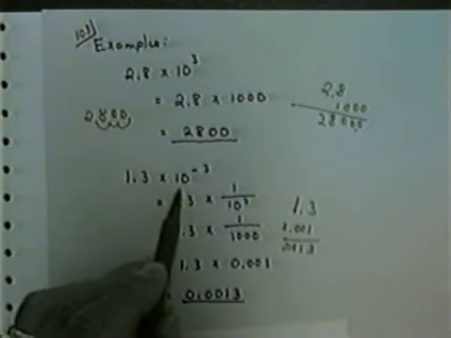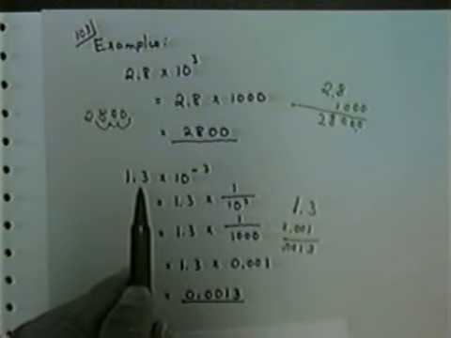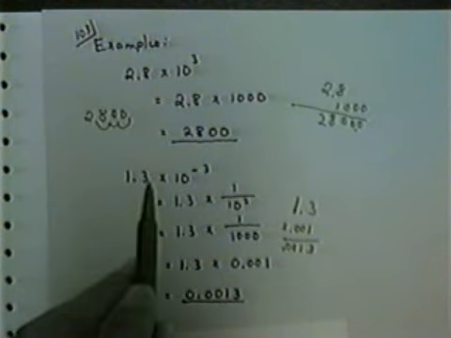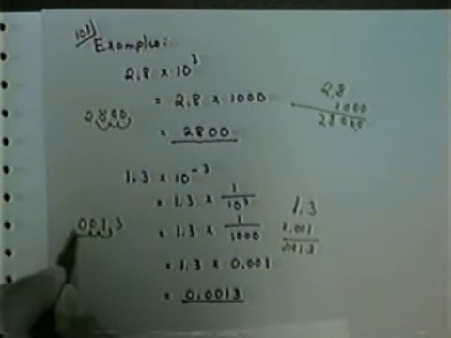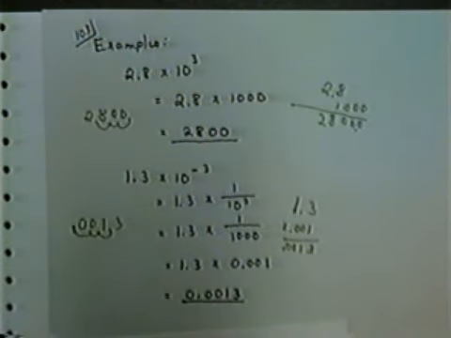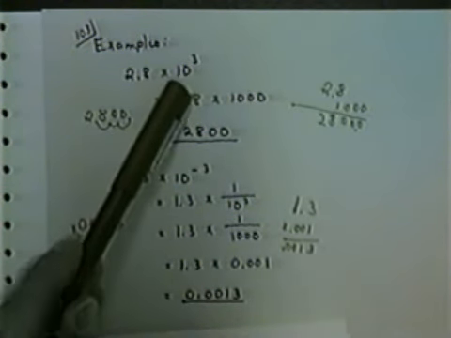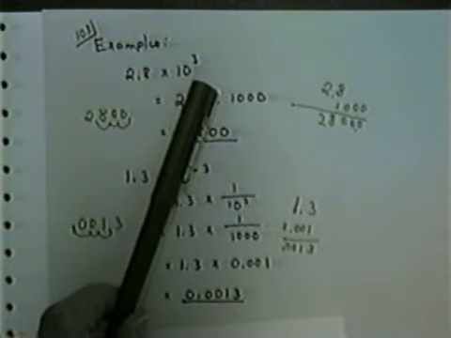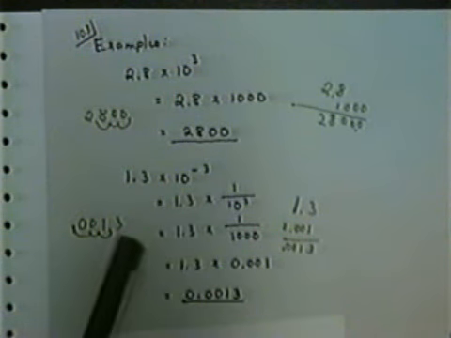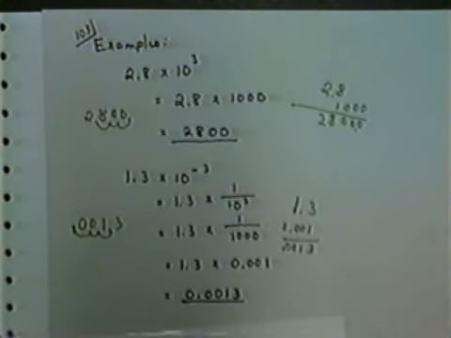When I did 1.3 times 10 to the negative third, I moved my decimal 3 places to the left. So in essence, the exponent tells me the number of times to move the decimal. Positive exponent, move the decimal to the right. Negative exponent, move the decimal to the left.